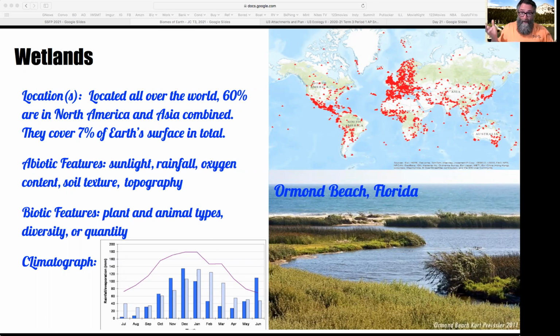So, like the Goleta Slough, the Santa Barbara Airport, like low places on the high school campus that sometimes get all muddy and wet, that's a wetland. And these turn out to be ecologically super critical because they're places where water ends up.